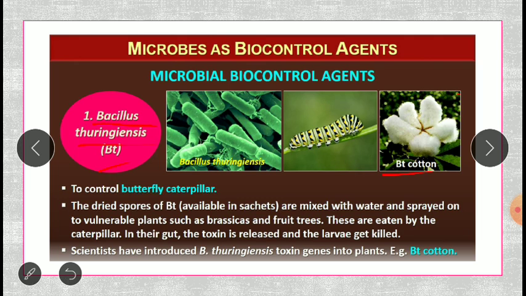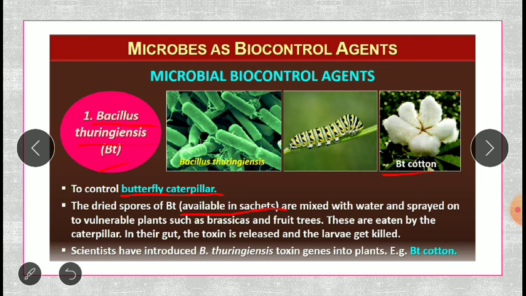So it is an example of a microorganism used as a biocontrol agent. This Bacillus thuringiensis is used to control the butterfly caterpillar. What is to be done? Bacillus thuringiensis is available in sachets, that is, in small packets.